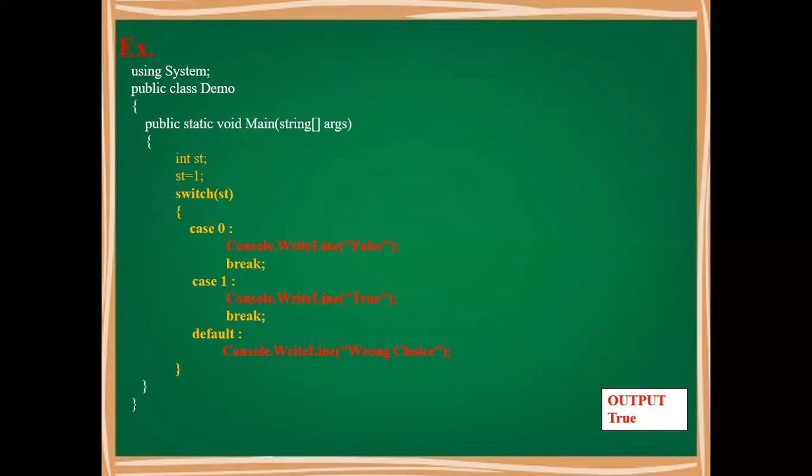You can write two cases subsequently: case small a colon, and on the next line case capital A colon. In that case, when the user enters either small a or uppercase A, that case will be executed. That kind of thing is called fall through switch case.